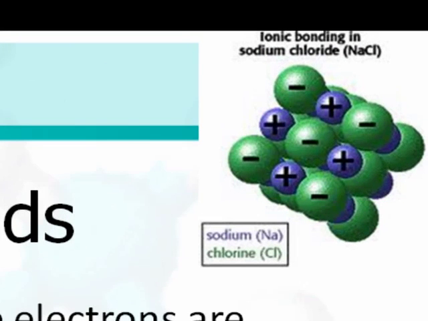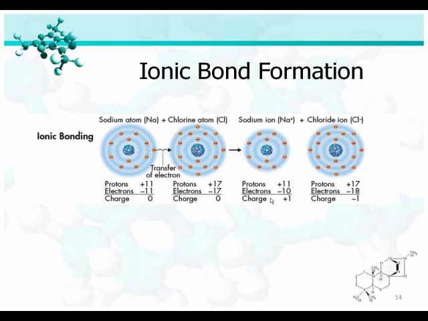Again, you will see the diagram at the top representing the formation of sodium chloride through ionic bonding. This diagram shows how ionic bonds form between sodium and chlorine to produce sodium chloride, or table salt. It shows the transfer of electrons from a sodium atom to a chlorine atom.